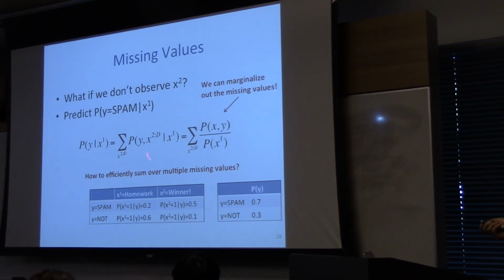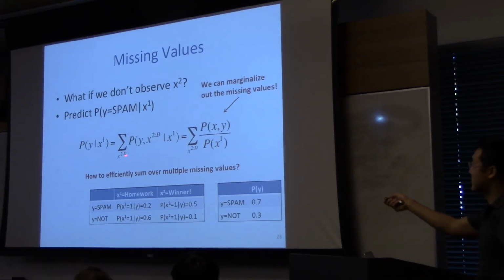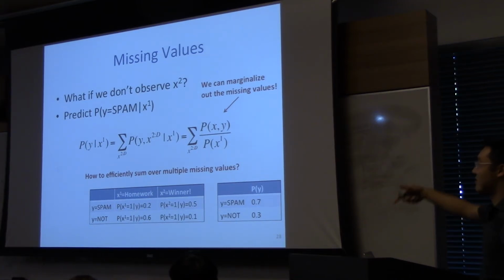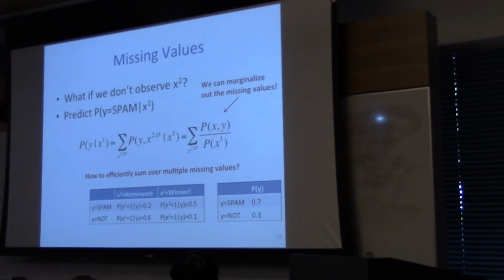Well, we have the joint probability, so we just write this out. Use the law of marginal probabilities, and then use the law of conditional probabilities and get something like this. What does this mean? Since d equals 2, we're just summing over all the possible states of one variable, but in general, it could be multiple variables.